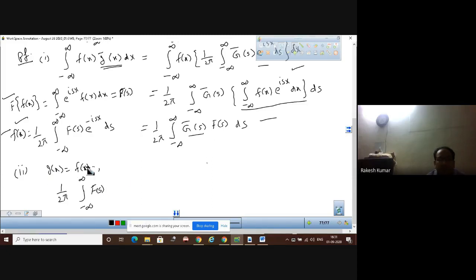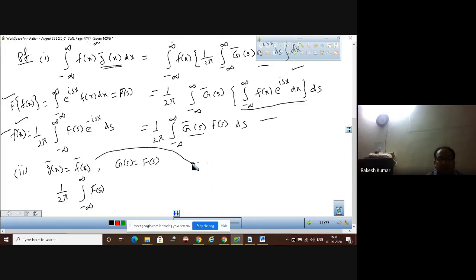If g of x is equal to f of x, then the Fourier transform of g of x will be equal to the Fourier transform of f of x. What does it mean? It means g of s will be equal to f of s. Or if we take the conjugate, then the conjugate of g will be equal to the conjugate of f.